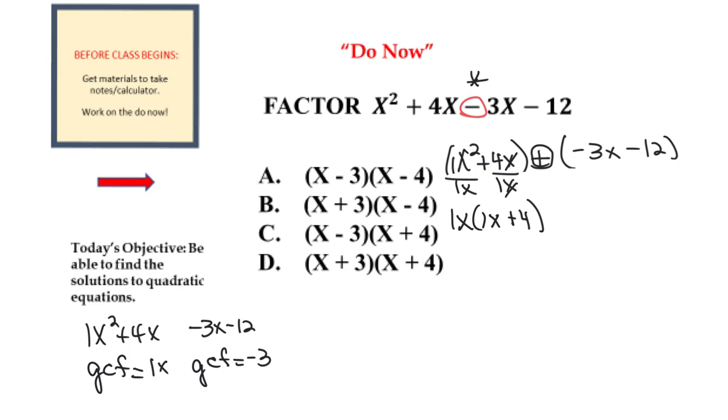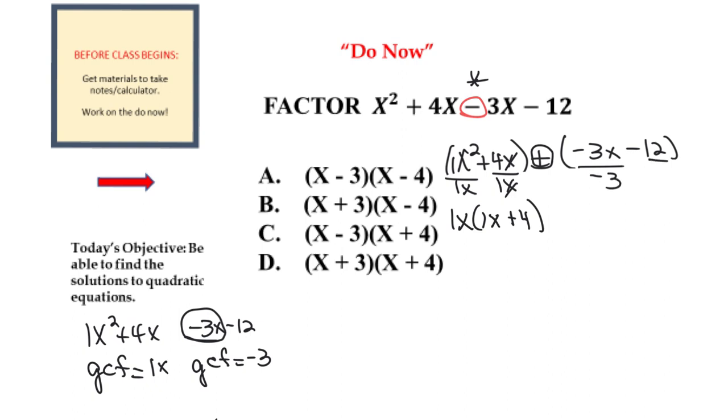All right, now when I look at the GCF of the second parentheses, if I type into the calculator the GCF of -3 and -12, it's going to give me 3. But when this first term is negative, your GCF must be negative.